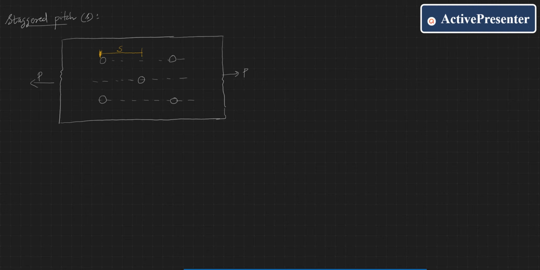And as we had discussed before, the pitch means the distance between two consecutive bolts in the direction of the force. So this is pitch and this is staggered bolting. Hope you have understood this.